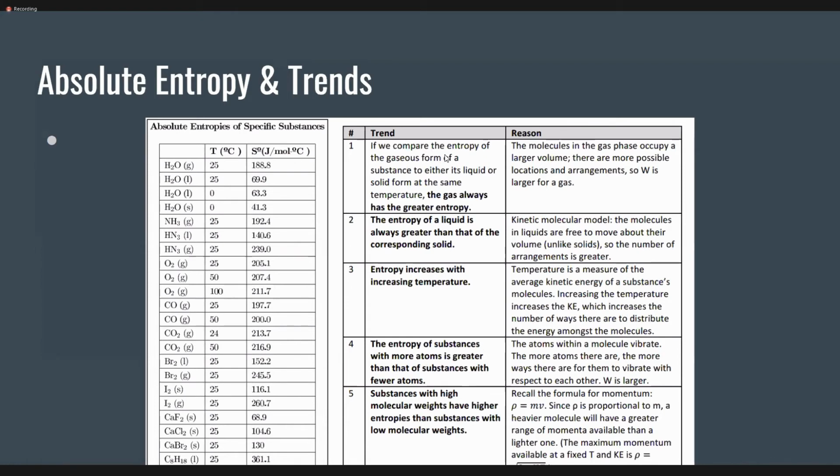So that covers part 4 if you look at that table. The entropy of substances with more atoms is greater than substances with fewer atoms. So for larger molecules, for example, if you have C4H10 versus CH4, the greater size molecule C4H10, think about how many ways you can, if I had a molecular modeling kit and I could build it for you, there's a lot of ways I can move the bonds around, versus methane, which is trigonal planar.